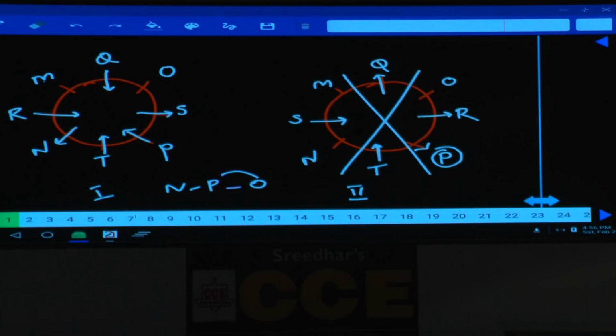M sits out to the left of T. M and R face opposite directions: R is facing the center, so M is away from the center. O faces the same direction as N. N is away from the center, so O is also away from the center. Clear now? This is how these 8 persons are seated around the circular table.